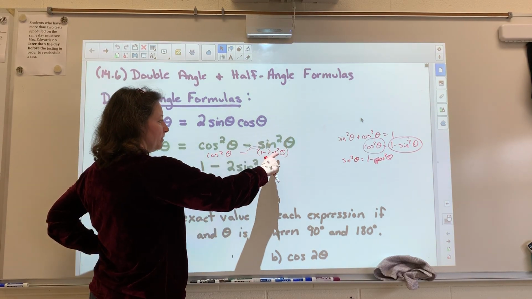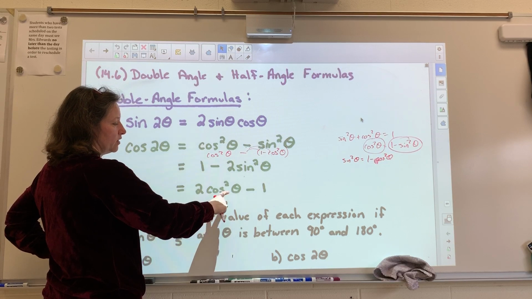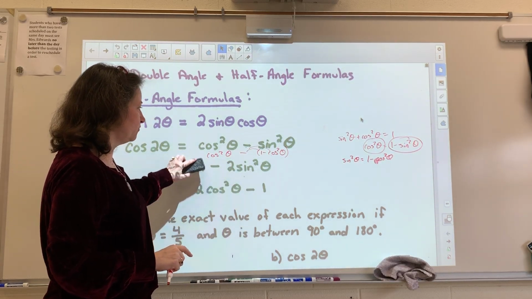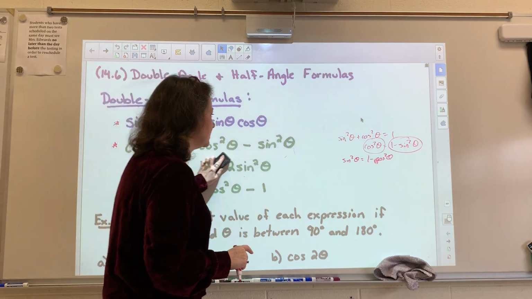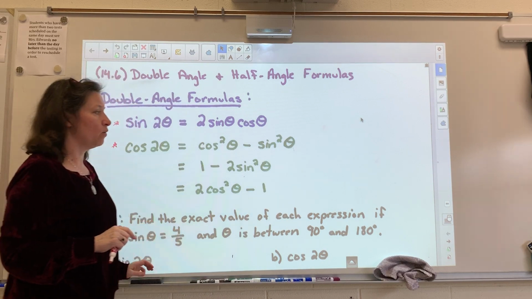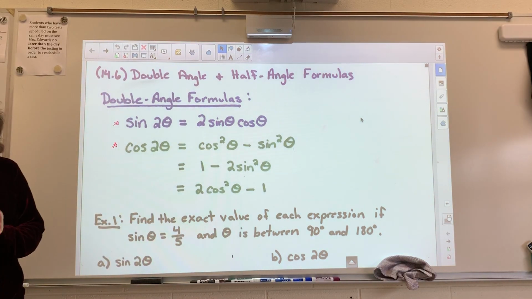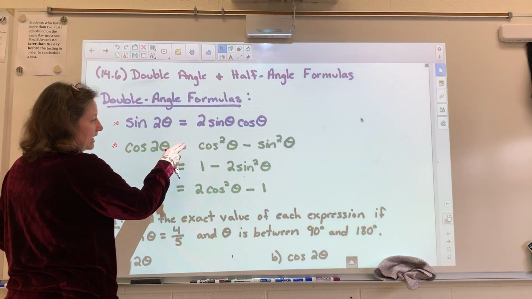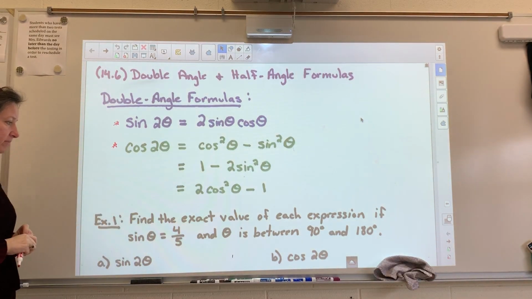So cosine squared plus cosine squared makes 2 cosine squared. Distribute the negative, you get minus 1. So that's where these two forms come from. And honestly, these two forms are going to come into play more in section 7, where we might have to rewrite a problem so that we want only sine in the problem, or we want only cosine. For today, we'll mostly be using the first formula.